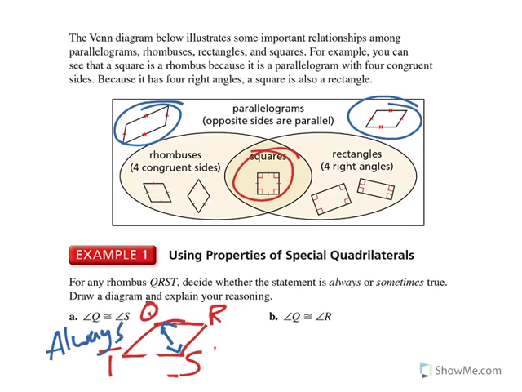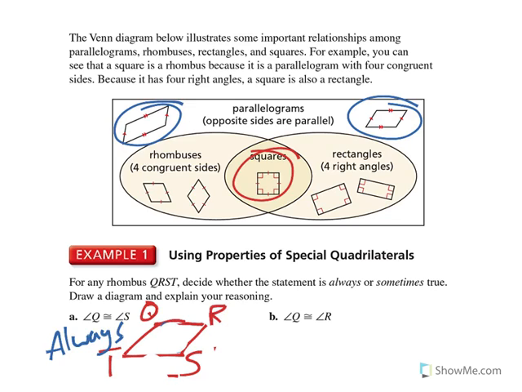If we look at the next one, it tells us that angle Q is congruent with angle R. Okay? Q and R are right next to each other, so they're consecutive angles. But it doesn't necessarily mean that they would never be congruent. Q and R are next to each other, so we know in a parallelogram they're going to be supplementary.